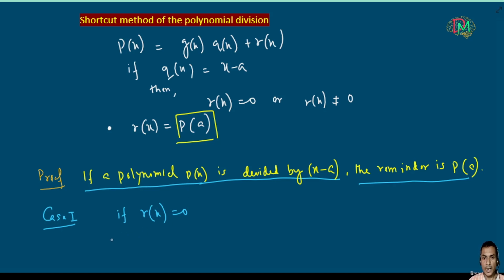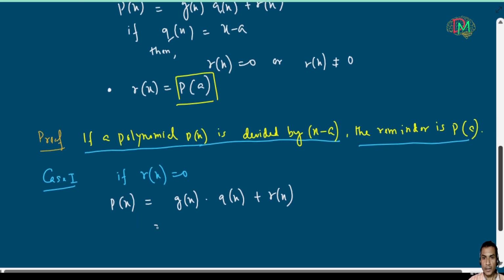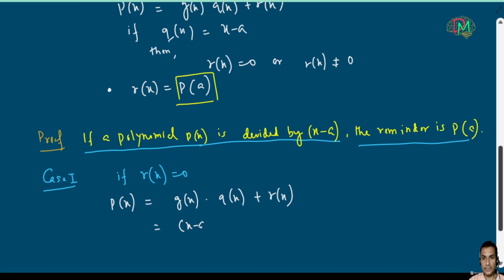Then first we write the general expression: px is equal to gx into qx plus rx. Clear? And here gx we can write as x minus a, because we divide the polynomial px by x minus a.